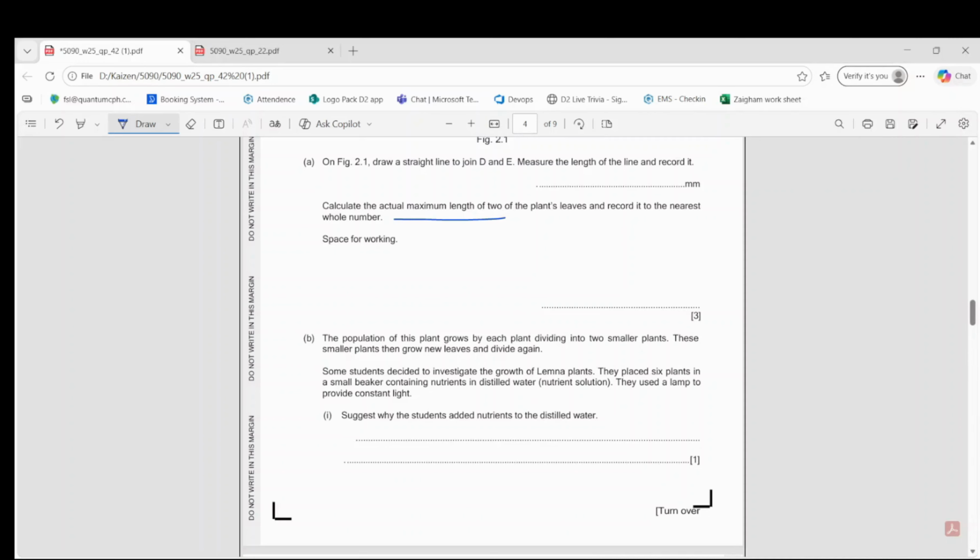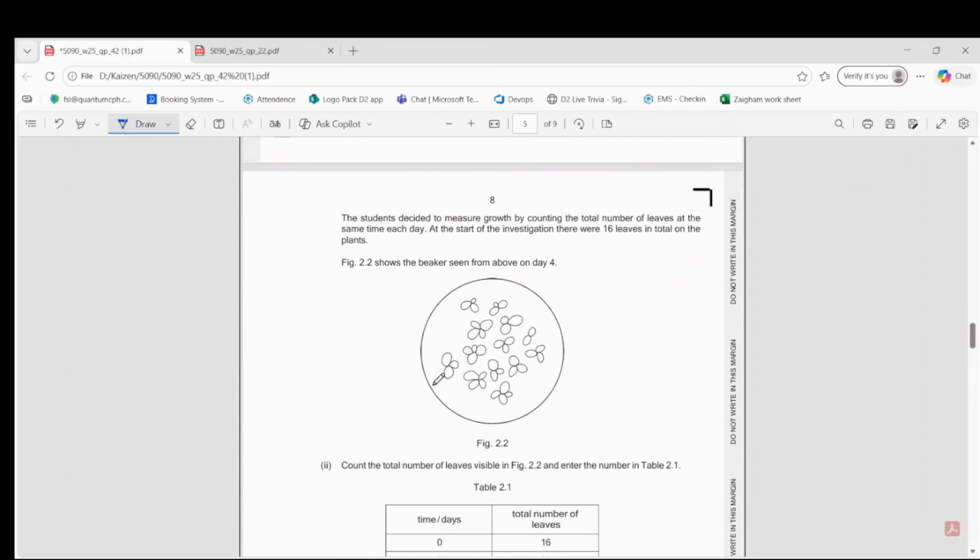Because we are using distilled water, we can add the nutrients as per our choice. So why are the nutrients added? Nutrients should be added for growth.